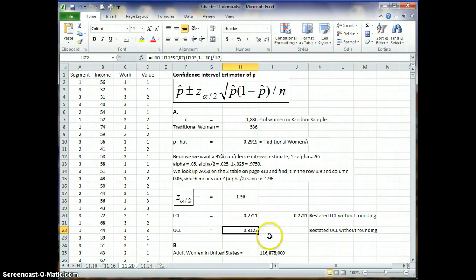Again, it didn't like it for some reason, but it still calculated it fine. So anyway, you can see it up here. H10 is the p-hat plus H17, which is the z, times the square root of p-hat times 1 minus p-hat divided by n.